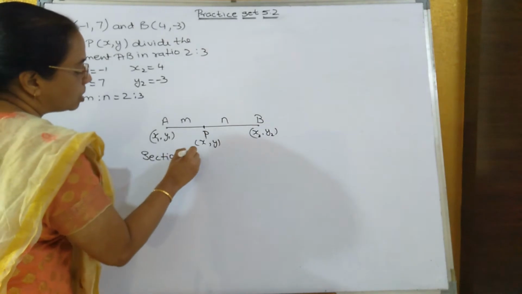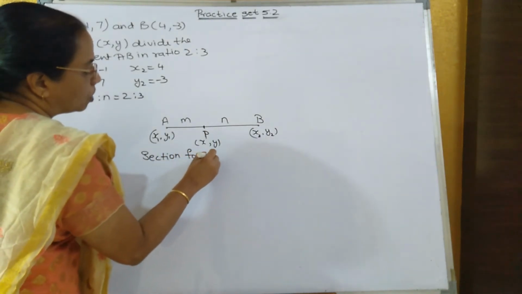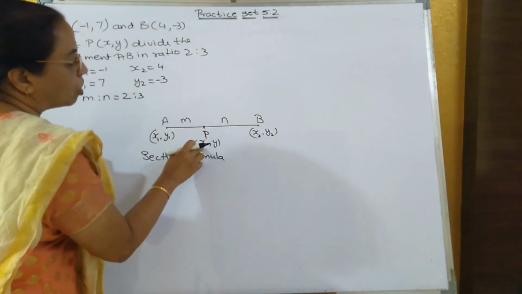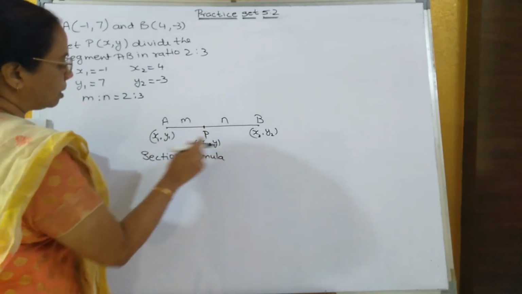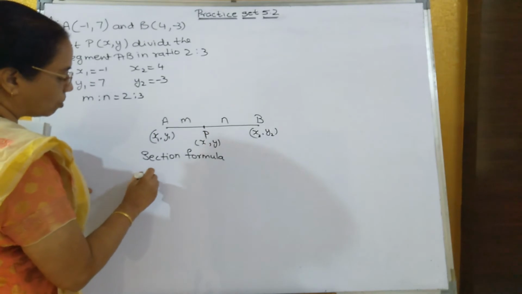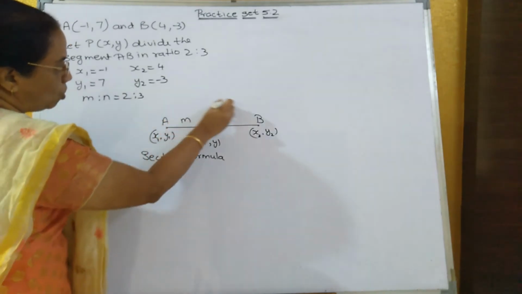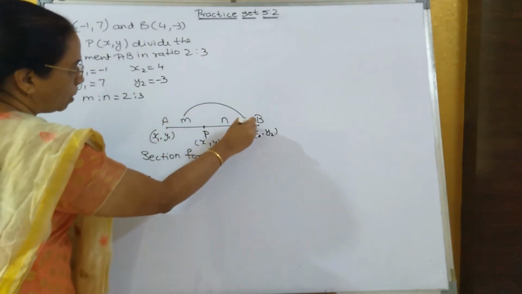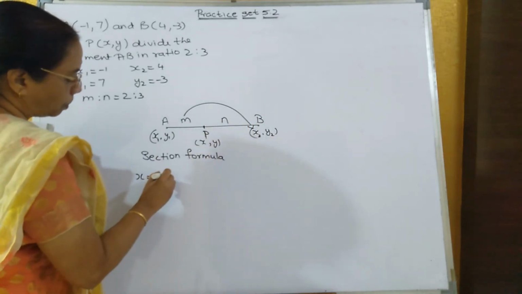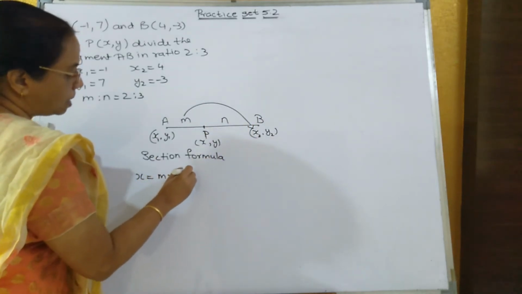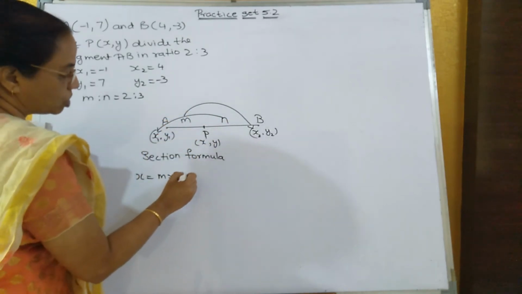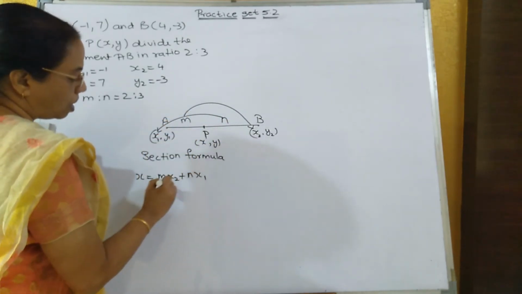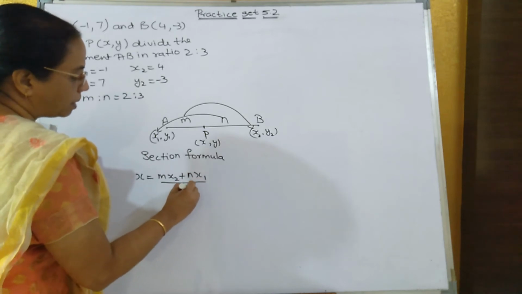By using the section formula, you can find the coordinates of the point P if you know A and B. So by the section formula, x is equal to (m x2 plus n x1) upon (m plus n).